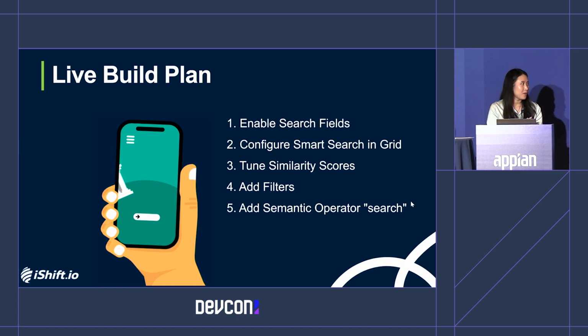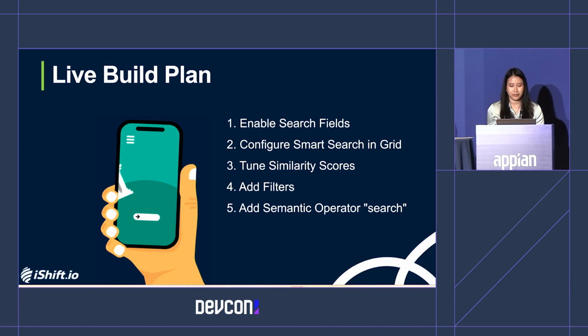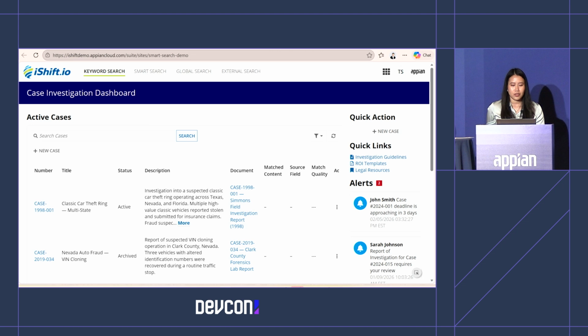Now it's time to build, and we're going to give Jay a way to speed up his entire workflow. First, we're going to start with keyword search. This is the typical grid that we usually have, and we're going to try to search that term, blue sedan VIN mismatch.